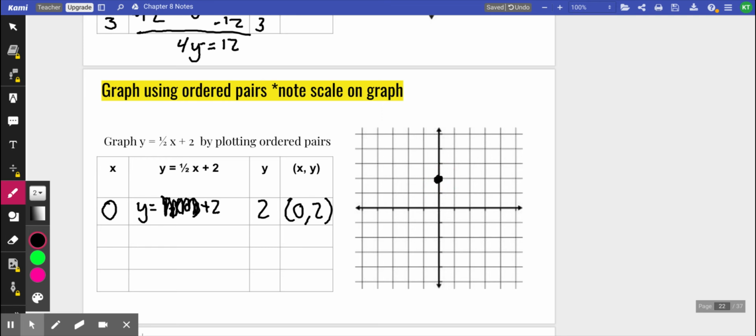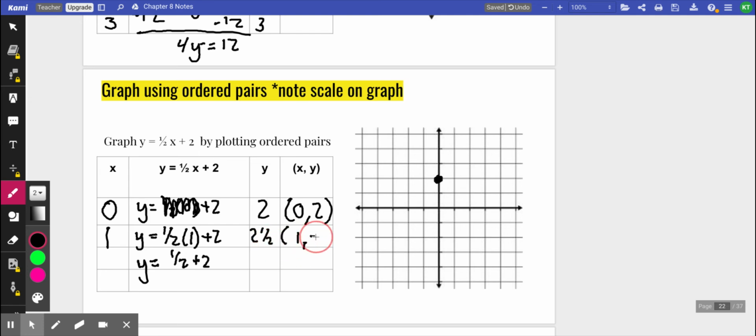So (0, 2). Now, we talked about picking an easy one, a multiple here, but let's just say we didn't. Let's just say we're in the habit, and we picked 1. So y equals 1/2 times 1, which is 1/2, plus 2. So here we get 2.5 for y.